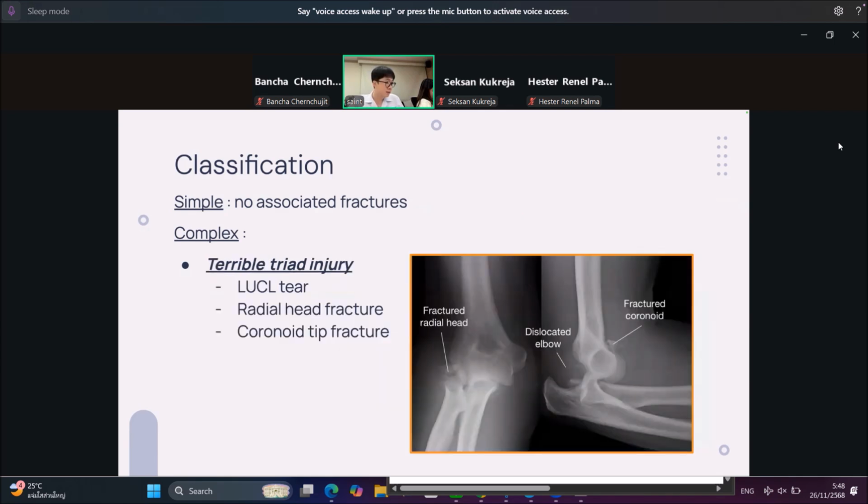And an example is what is known as the terrible triad injury, which is when there is an elbow dislocation associated with lateral ulnar collateral ligament tear, radial head fracture, and coronoid tip fracture.